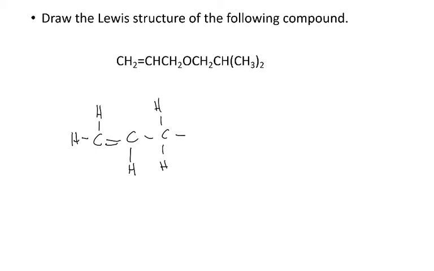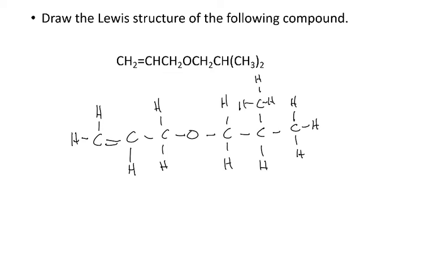I then have an oxygen connected to a CH2, which is connected to a CH. And then to this last carbon, I've got 2 CH3s. So I'll go C. Okay, and that's my last example on drawing these condensed structures, or drawing the Lewis structures from the condensed structures.